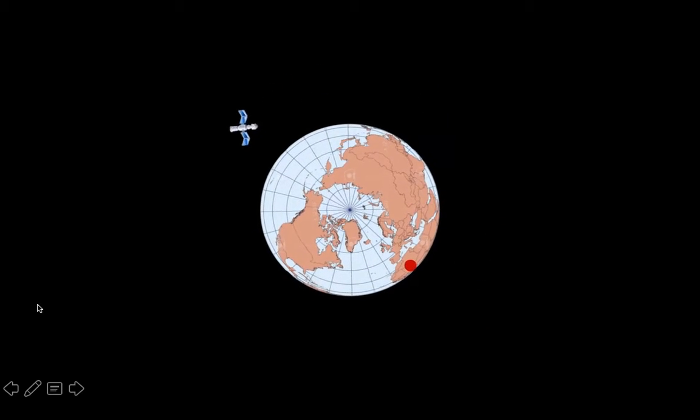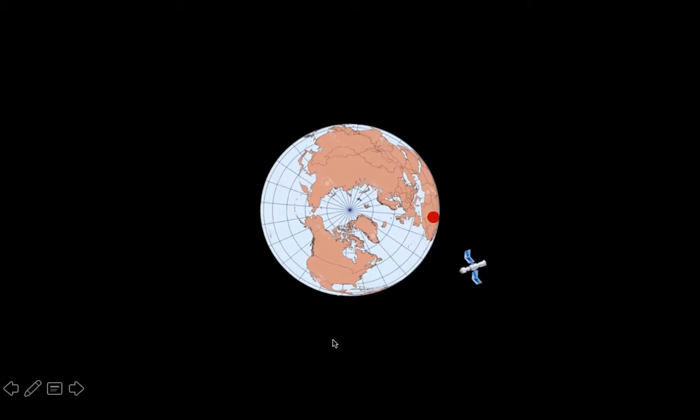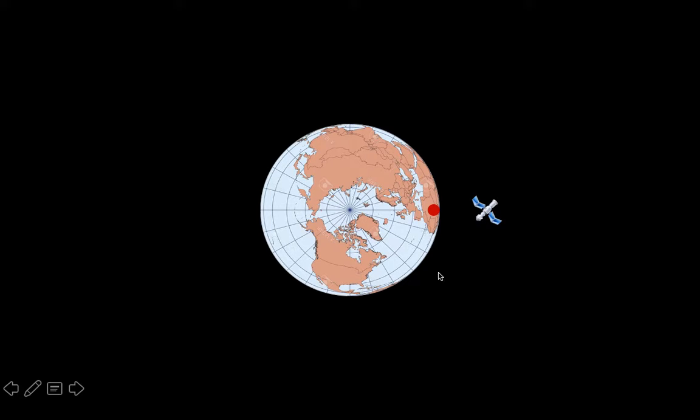Okay, so the satellite travels around that way, passes its original point over there, and it reaches an extra quarter way around the Earth. So the observer's only gone a quarter of the way around the Earth in those 6 hours, but the satellite's gone 1 1/4. Okay, so 1.25 orbits.